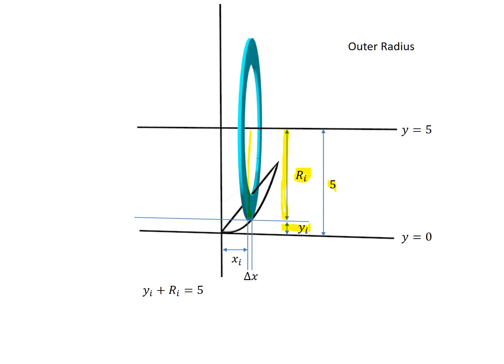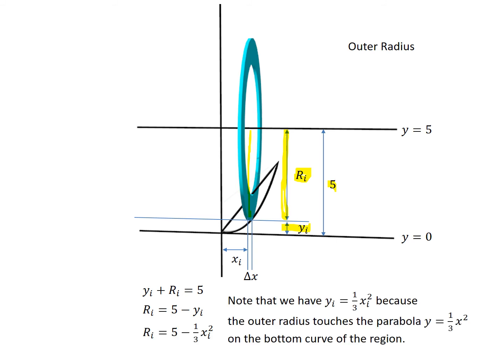Now, I want this R sub i in terms of x sub i, not y sub i. So I subtract my y sub i from both sides, get capital R sub i is 5 minus y sub i, but because we're on this parabola y equals 1/3 x squared, our y sub i is 1/3 x sub i squared. And so this is our outer radius right here. We're going to use this in a little bit.